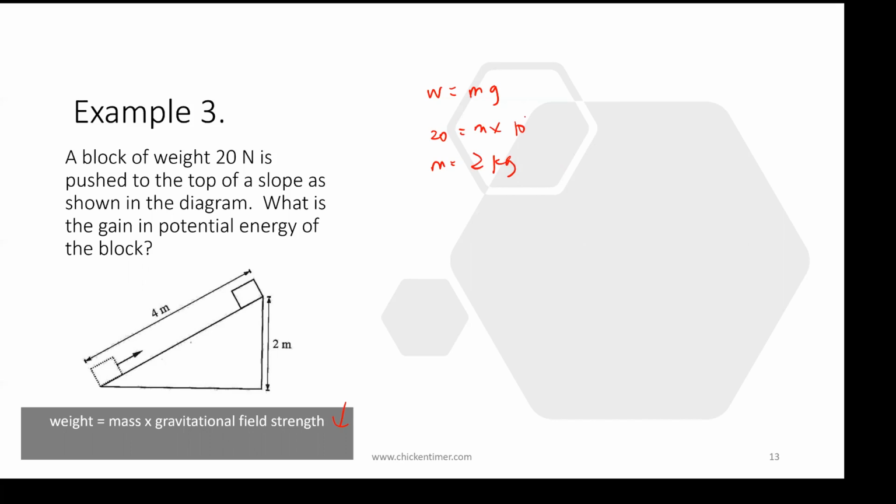And so you state the formula first, GPE equals mass times g times h. So you say 2 times 10 times 2.